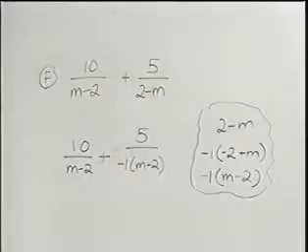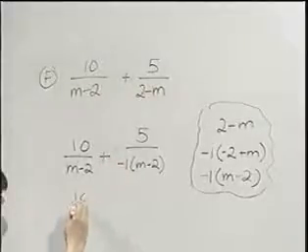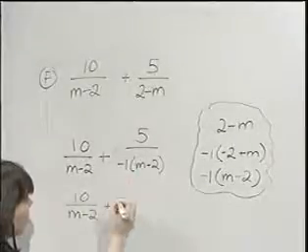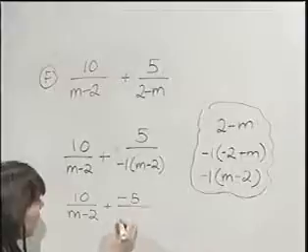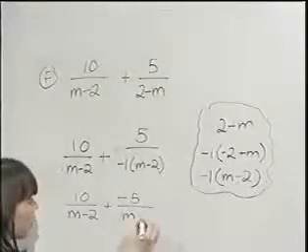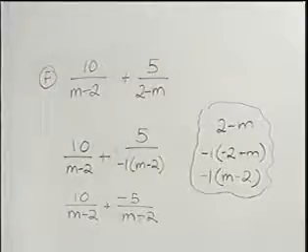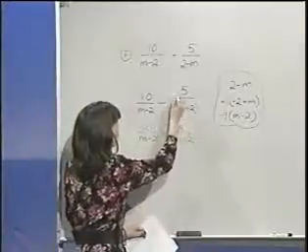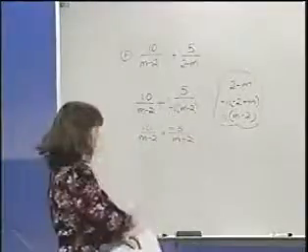And I'm going to write this as 10 over m minus 2, and then plus a negative 5 over m minus 2. And all I did again was I took my negative and I floated it to the top, which you can do.